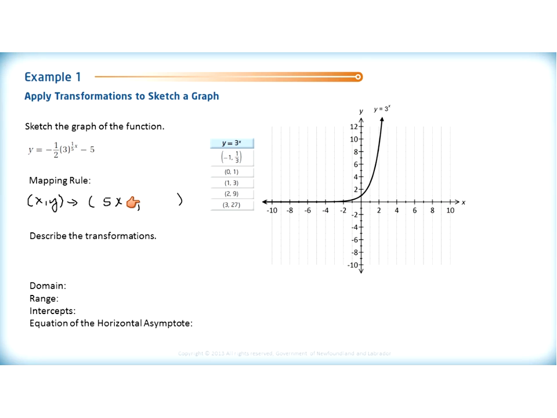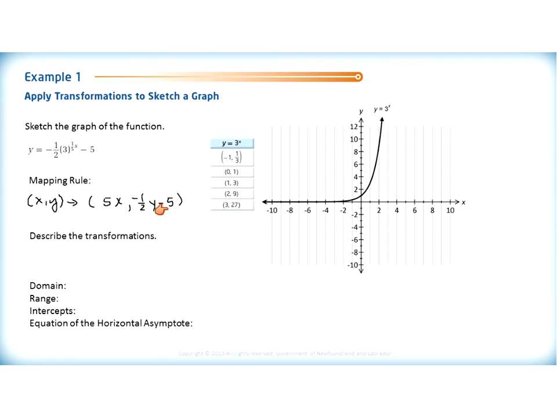If there's a negative right here, it goes in the mapping rule. The 1/2 doesn't change, and the subtract 5 doesn't change here. So we simply write negative 1/2 y subtract 5. You take the reciprocal of the 1/5, and you don't change anything else for your mapping rule. So you get negative 1/2 y subtract 5.